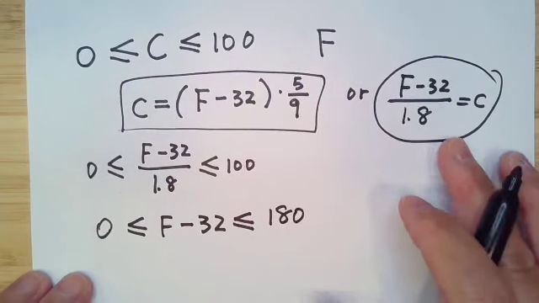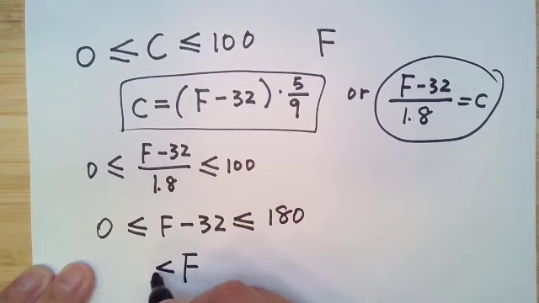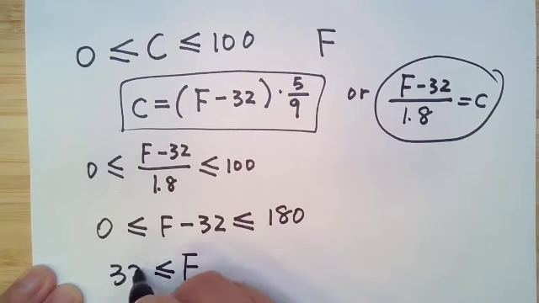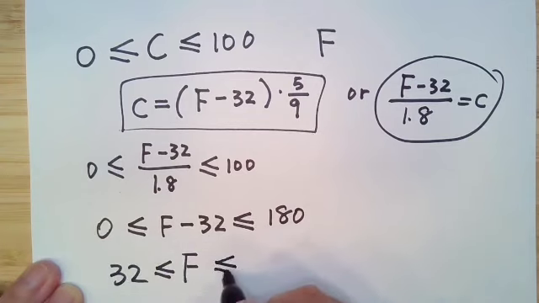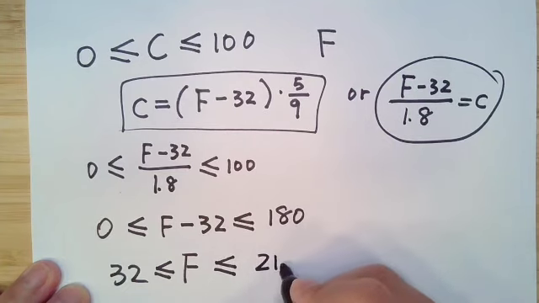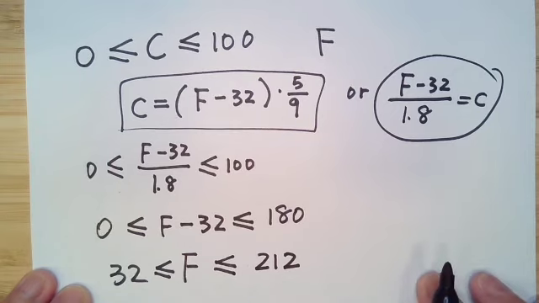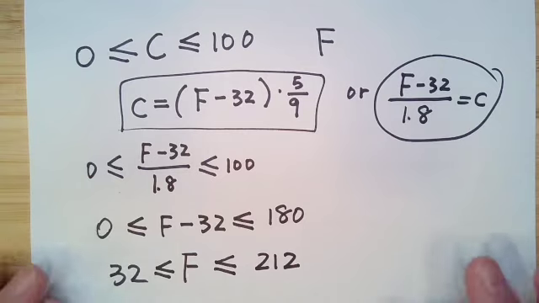The next step, I'm going to add 32, so F is from 32 degrees to 180 plus 32, which is 212. So when the temperature in Fahrenheit is between 32 and 212 degrees, water is in liquid form. That's a very interesting example.